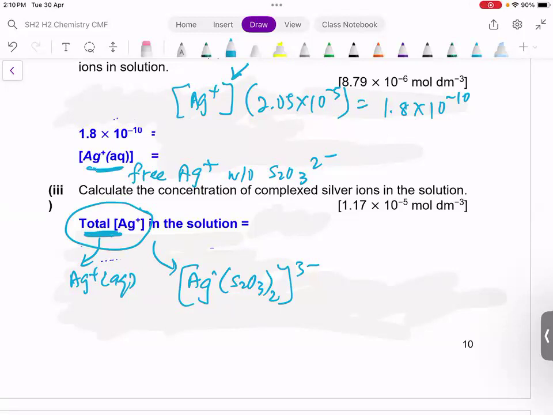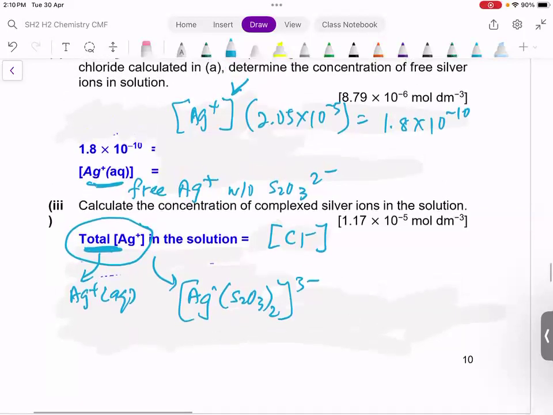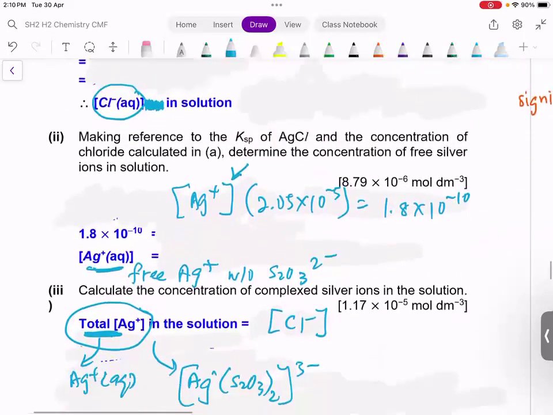Yes, Guo Chang? Chloride. Okay, so it will be equal to the concentration of chloride. Can you explain to the class why so? Yeah, so your original sparingly soluble solid is 1 cation to 1 anion.